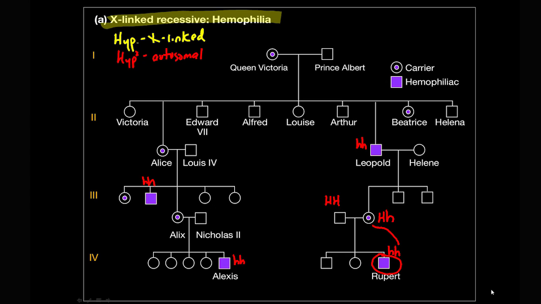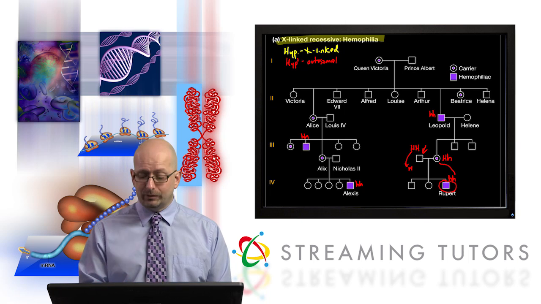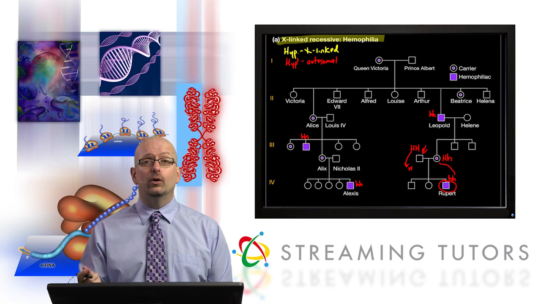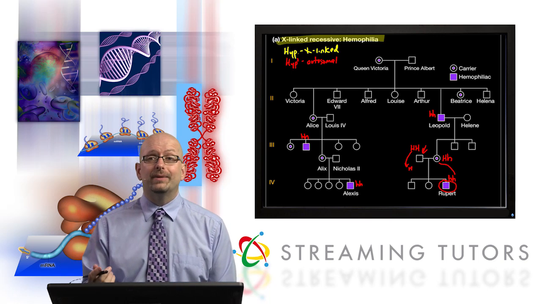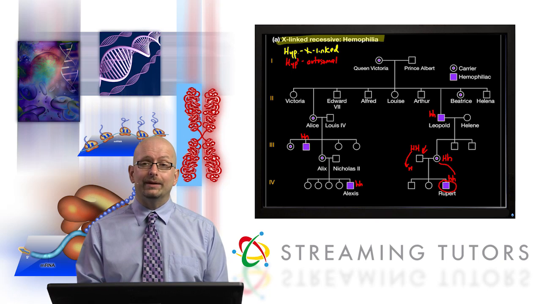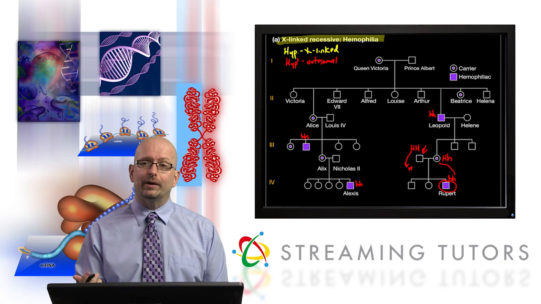So if this guy, whoever he is, was big H, he'd have to give the big H allele to all of his offspring. And if this was in fact autosomal recessive, under those conditions, none of them would be able to be affected. So often, in fact, the only absolute way to prove, which is a strong word, but to really be convinced that something is sex-linked recessive, is to invoke the rare rule, and also to use all these other things we've been talking about with respect to males being more affected.